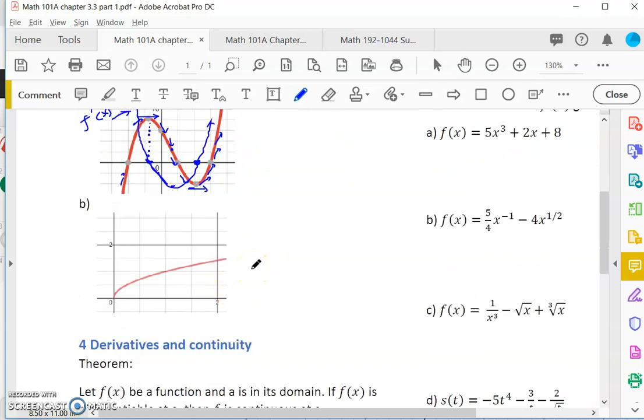What about this one? This is kind of a square root function. This is f of x, and I want to find the slope of the tangent line. In the beginning, you can see that the slope is very steep.